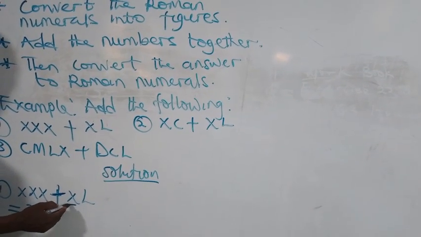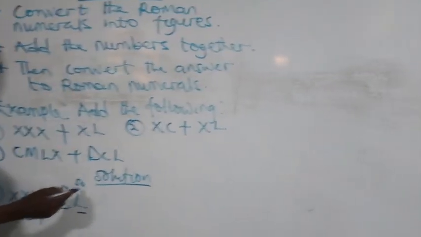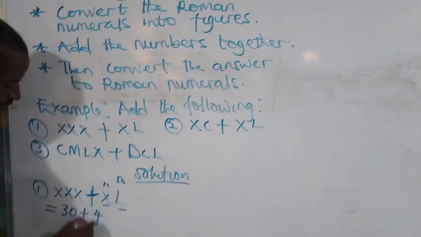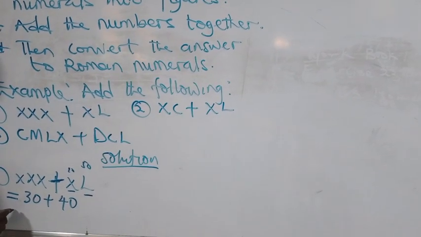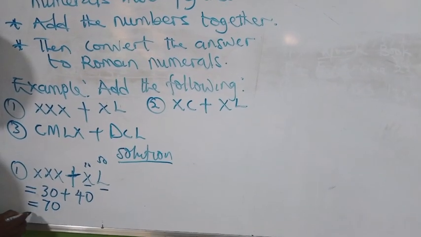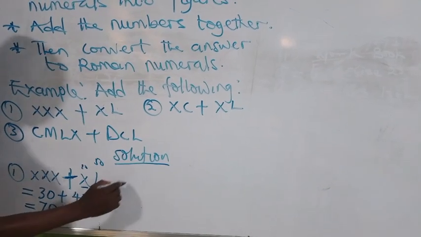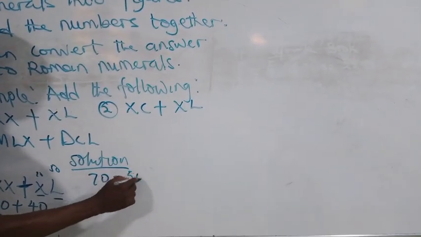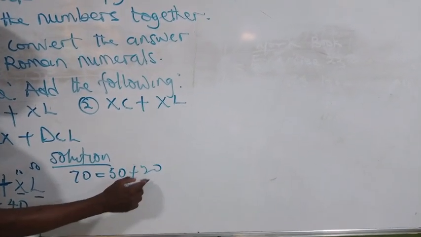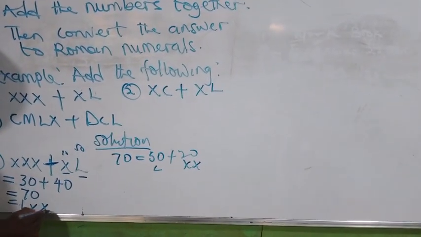So X is 10 and L is 50, so you take away 10 from 50, which gives us 40. Then we add the two numbers together to give us 70. Then our answer 70 is 50 plus 20, and 50 is L and 20 is XX. So the final answer is LXX.